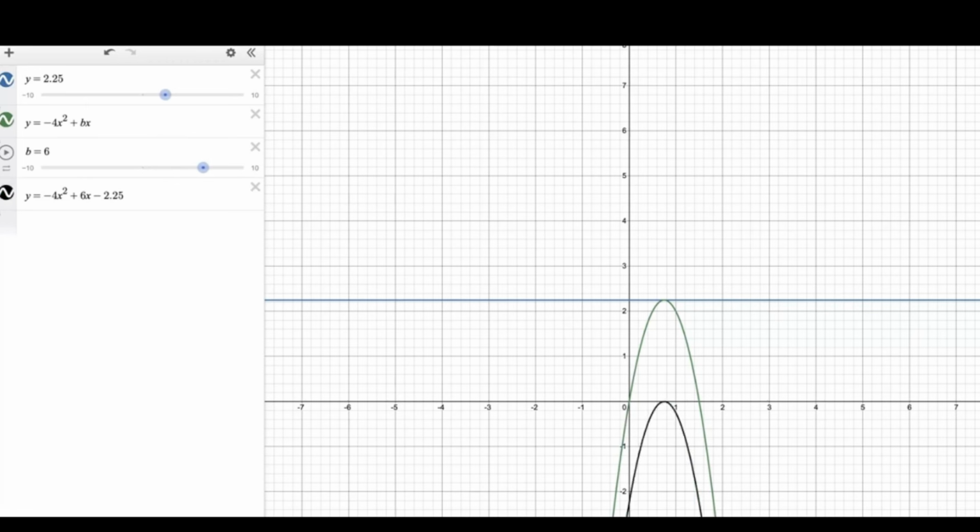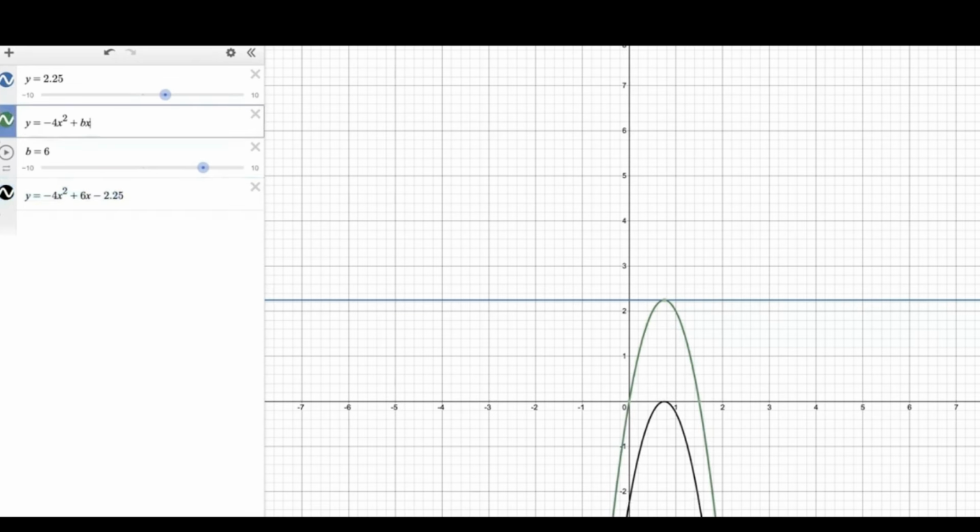Now, another thing I want to point out is I want to bring this bottom graph up. So the reason when we solved it algebraically, the reason we did negative 4x squared plus 6x minus 2.25 is you'll notice that we were able to use the property of the discriminant to determine how many solutions it would have, because here you can see there's multiplicity, right? So there's only one real solution here at 0.75 comma 0, right? So there's one solution here. But this equation right here is the exact same thing.